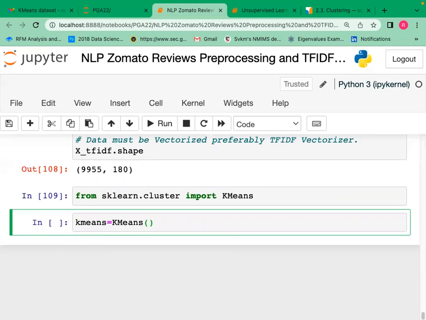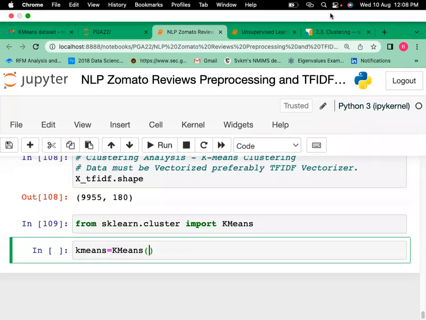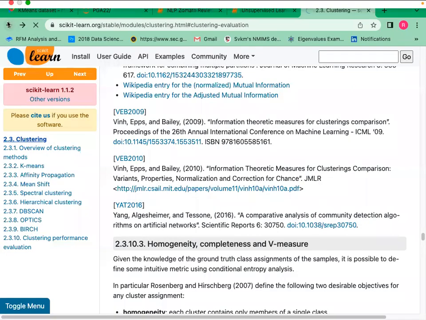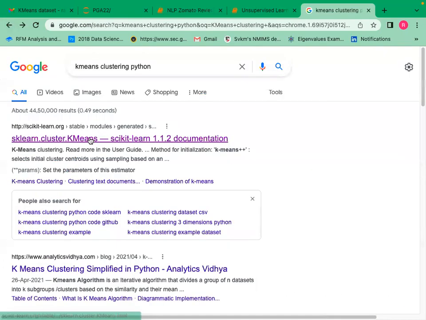We'll go with default clusters. n_clusters is 5 by default, right? By default, it's 5 clusters.